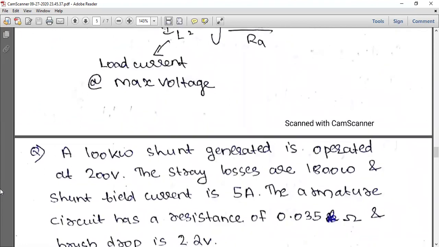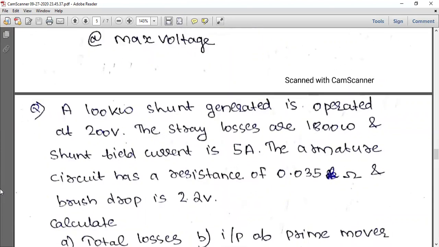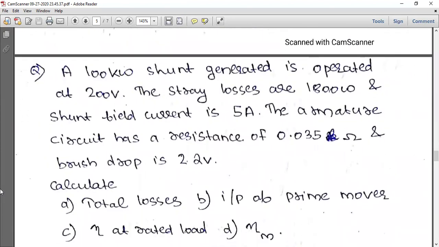Okay. Now let us see a problem regarding the same concept. I have already taught you numerous problems regarding a generator, but this one is a bit different, so let's see this also. A 100 kilowatt shunt generator is operated at 200 volt. The stray losses are 1800 watt and shunt field current is 5 ampere.